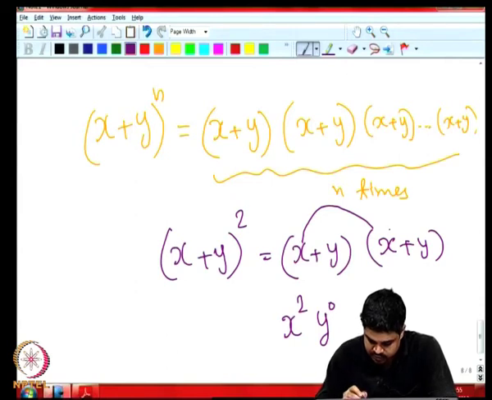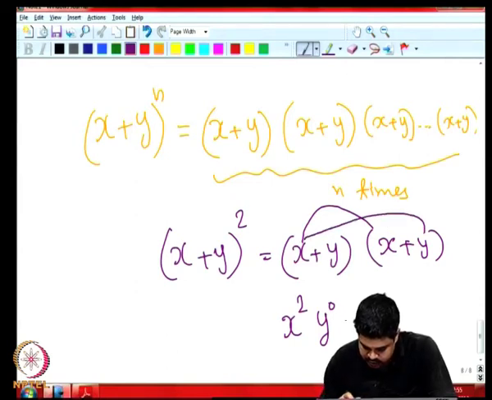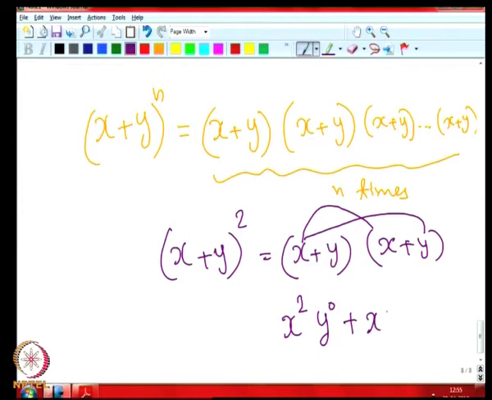So this corresponds to x y, this corresponds to y x. Y x and x y are the same because multiplication is commutative, so they should be considered the same. Plus y squared. So this will make 2 x y.